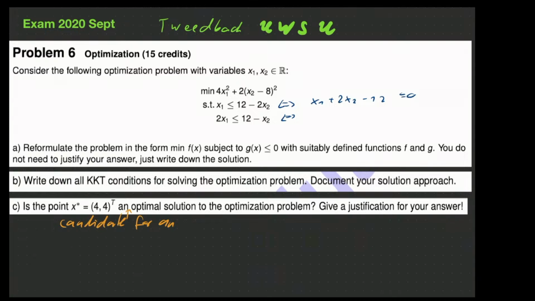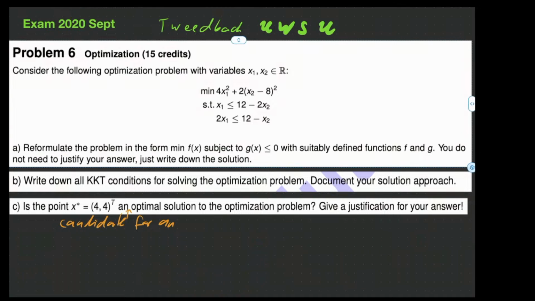And the second one would be 2x1 plus x2 minus 12 is less or equal to 0. So geometrically, what you have here is, again, two half spaces. So I don't know the exact form of those half spaces, but that will probably look something like this, right?